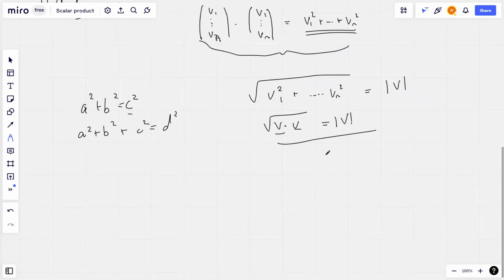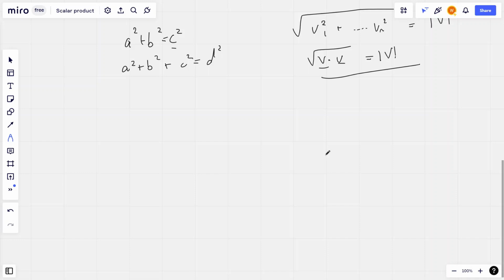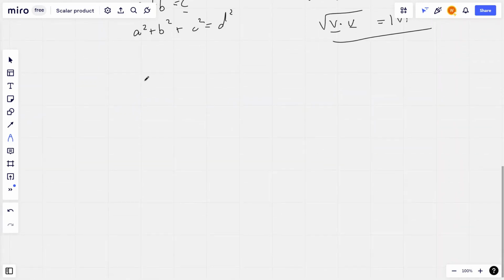Okay, so now I'd like to consider a specific case. Let's consider n equals 2. So let's say we have some graph and we want to take a point on this graph. And then we can define this point using our x component and our y component.